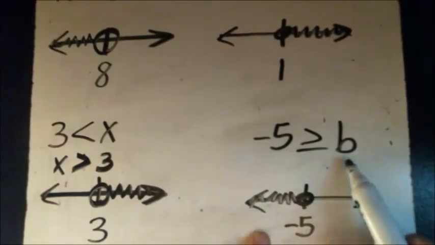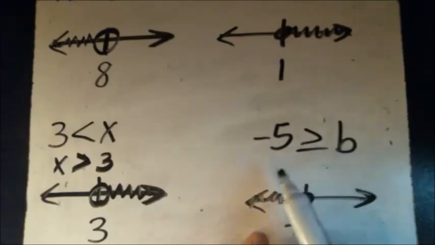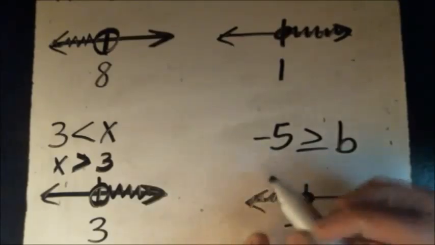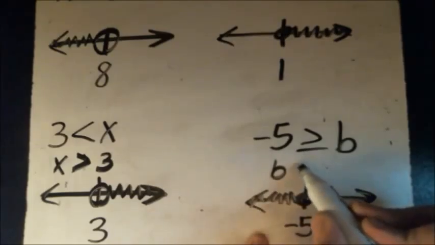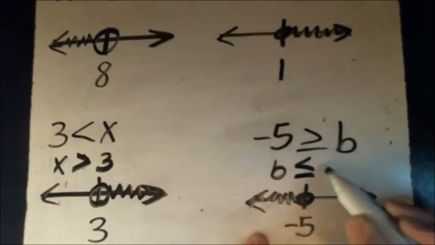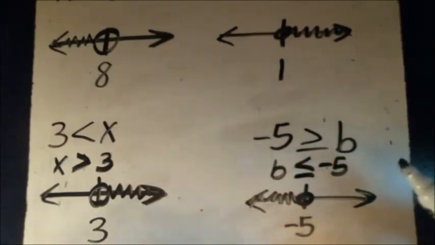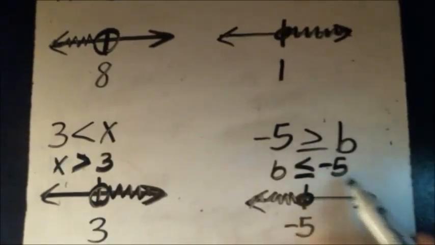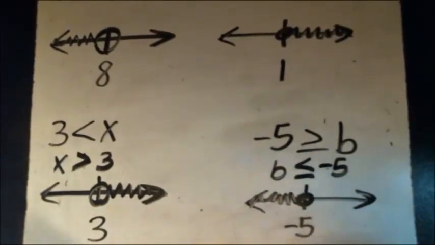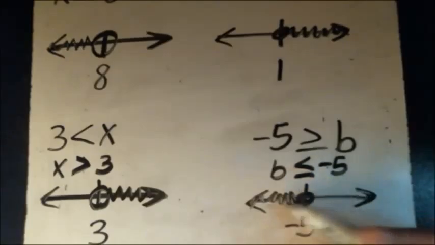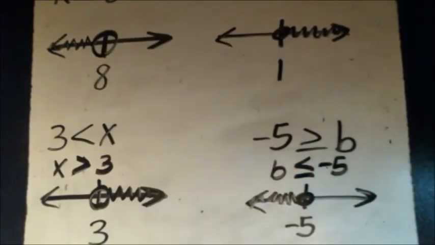And same thing over here. If I want to put the variable on the left and use this trick, I've got to shift it. So b would then be less than or equal to my -5. So now that my variable is on the left, I now have to shade towards the left, according to my arrow, which is over here. So that's the most important thing to remember about that trick. You can only use the arrow trick if your variable is on the left.